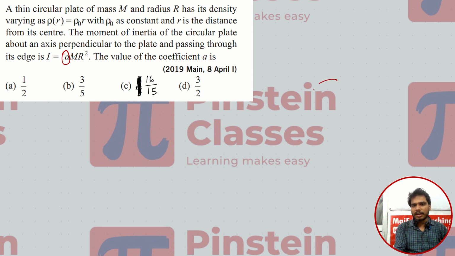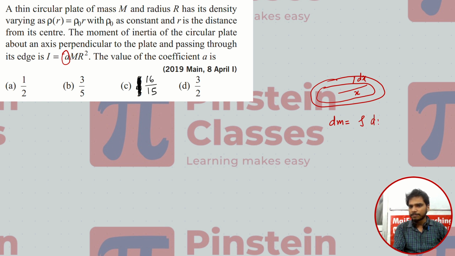First, as we did in the disk problem, we considered a small mass which is at a distance, let the radius be x and of width dx. So dm will be nothing but rho times dA, as the mass is distributed over area. Here it should give sigma, but it is given rho. Don't worry about it.